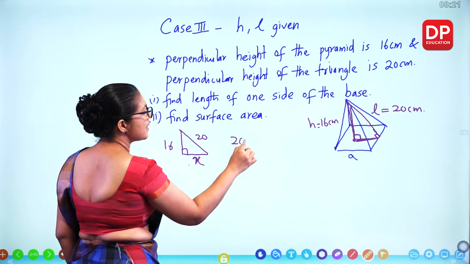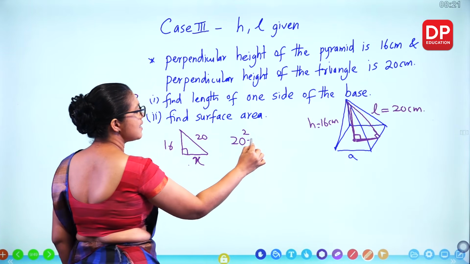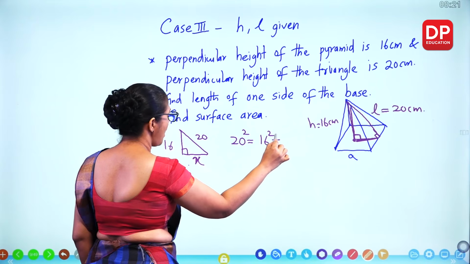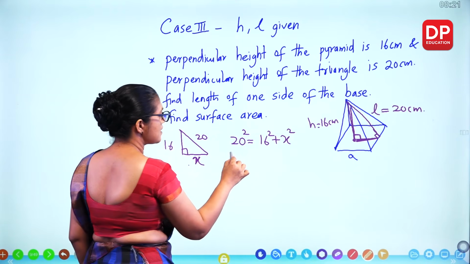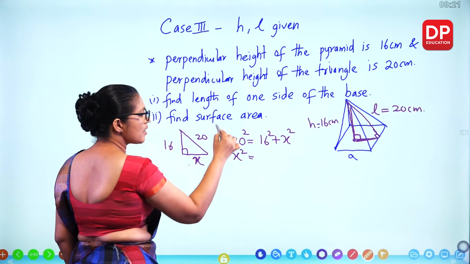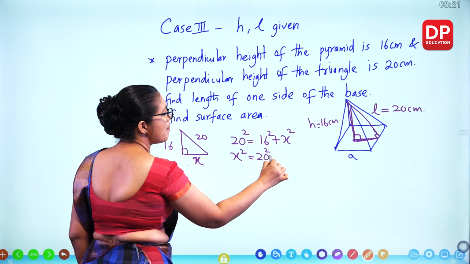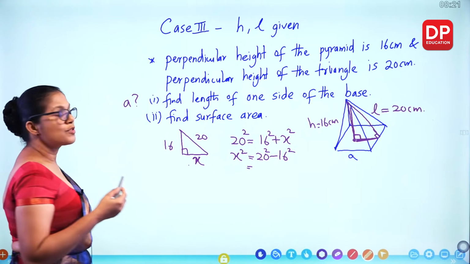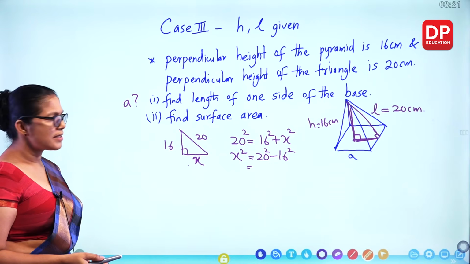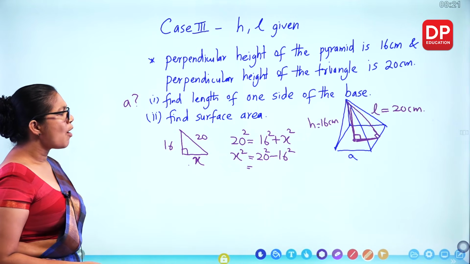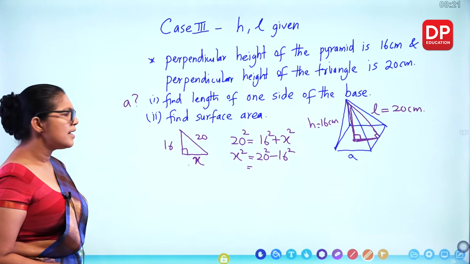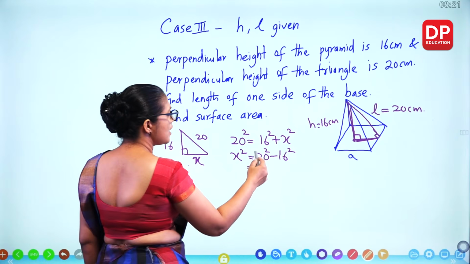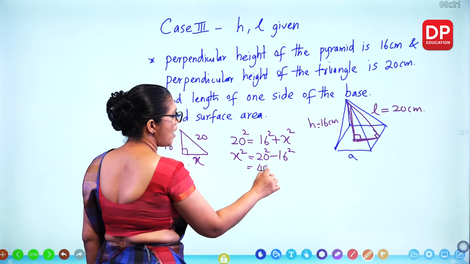So according to Pythagoras theorem, 20 squared is equal to 16 squared plus x squared. So what is x squared? 20 squared minus 16 squared. So you can either use the difference between two square terms or just normal multiplication and find out the x value. So here 20 squared is 400.